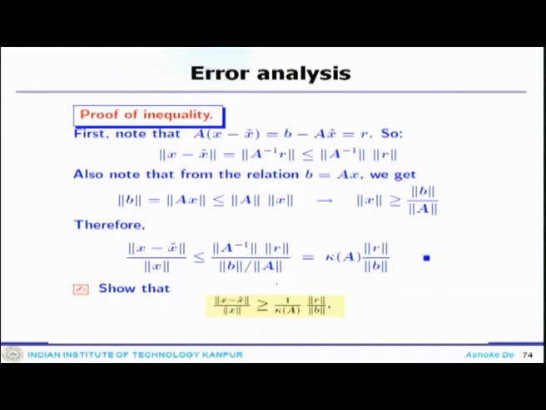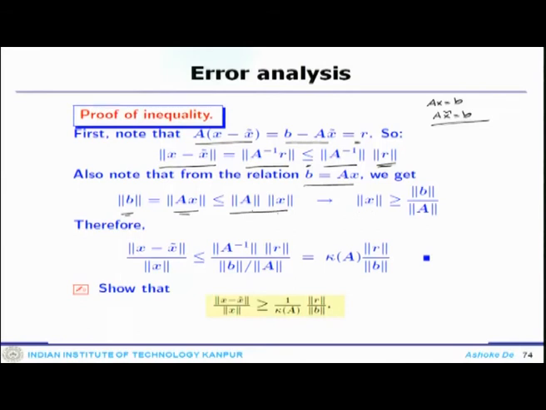As the proof follows, we have A x equals b, and the approximate solution satisfies A x prime equals b minus R, so one can have A times x minus x prime equals b minus A x prime, which is R. So, the norm of x minus x prime is the norm of A inverse R, which, when you put that equality into an inequality, is less than or equal to the norm of A inverse times the norm of R. From the relation b equals A x, you get the norm of b equals the norm of A x, which is less than or equal to the norm of A and the norm of x.